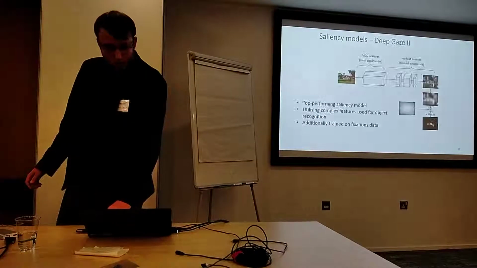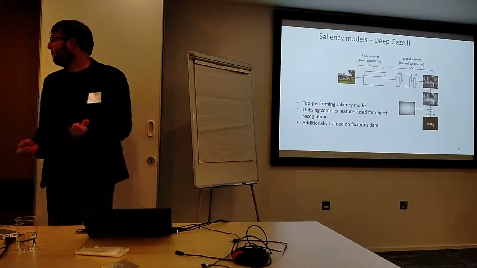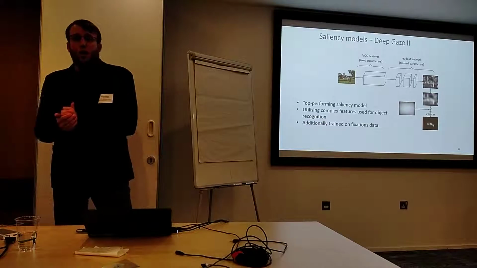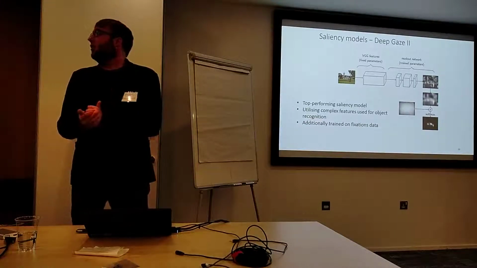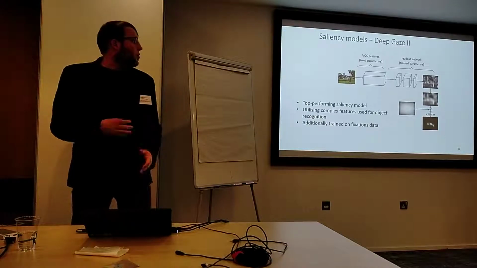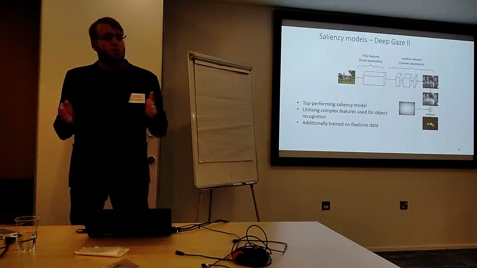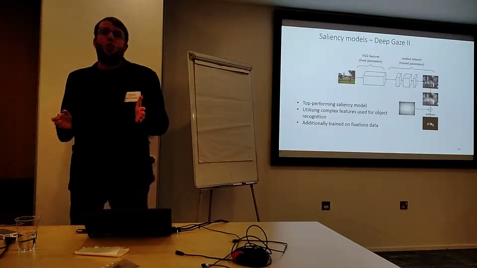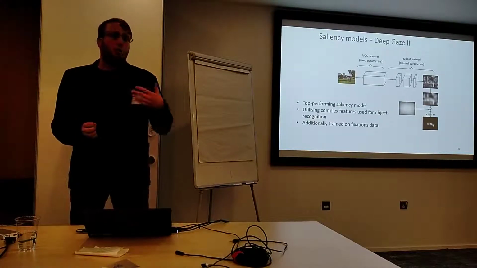And the third model is a deep neural network. This is DeepGaze-2, currently the state-of-the-art model. We do not have any better model predicting human fixations than this one. How does it work? Well, it's composed of 2 main parts. The first of them is a set of fixed layers from the VGG object recognition network.